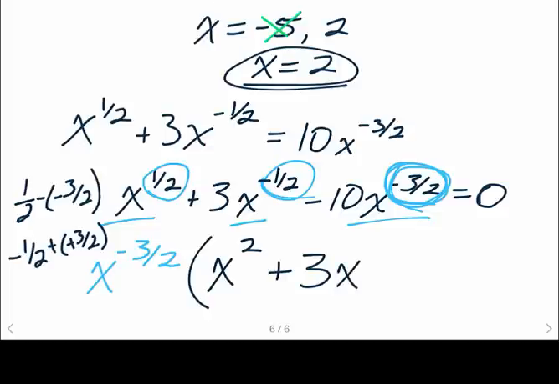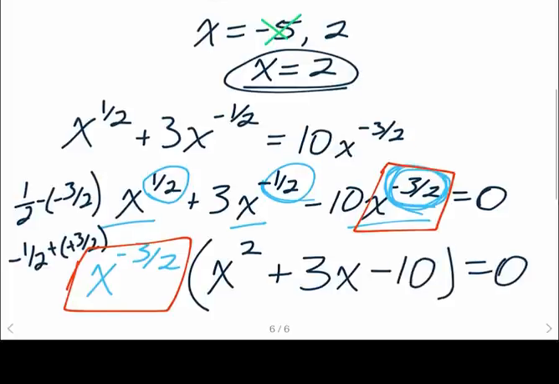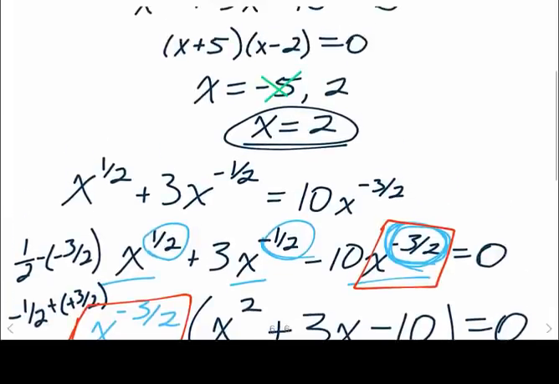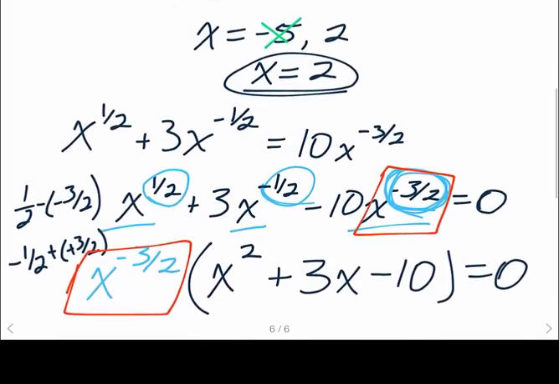Finally, what I'm factoring out is x to the -3/2, which is the thing that 10 is attached to, the expression that the coefficient has. And so that disappears, or factors out completely from the third term, leaving us with -10 is equal to 0. This is going to finish the same way as before. We have x squared plus 3x minus 10 is equal to 0.